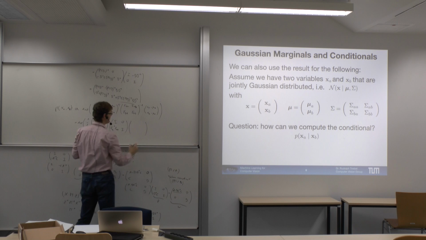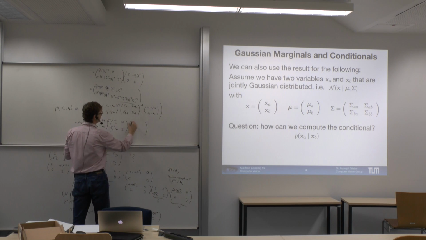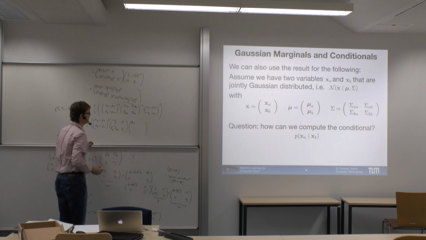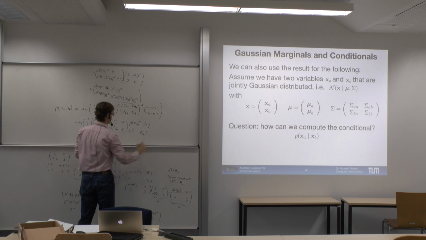And we have our diagonal matrix here, the Schur complement of sigma with respect to sigma BB to the minus 1. This is diagonal. And here we have just sigma BB to the minus 1. And the same here.